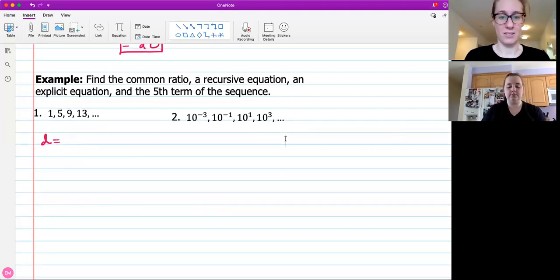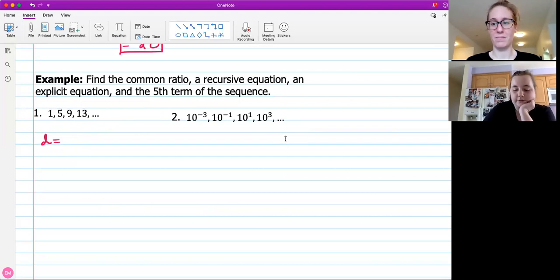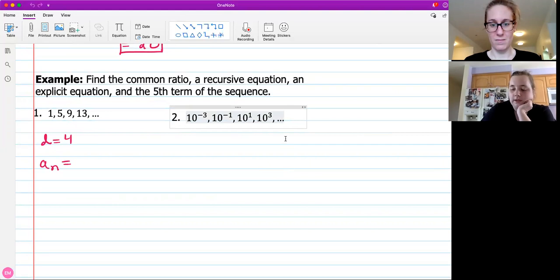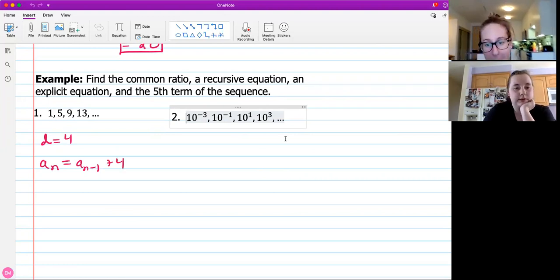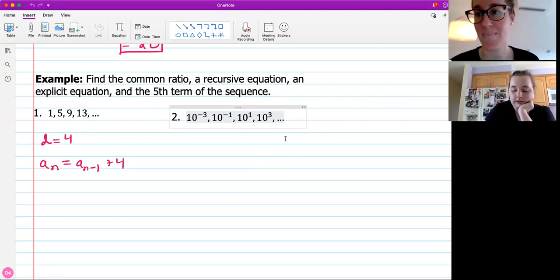Okay, so for this one, we are adding 4. So D is 4. So then our recursive equation, if we have AN, then we do the previous term. So we have AN minus 1 plus the common difference, so plus 4. To find the fifth term, we're going to do A5.